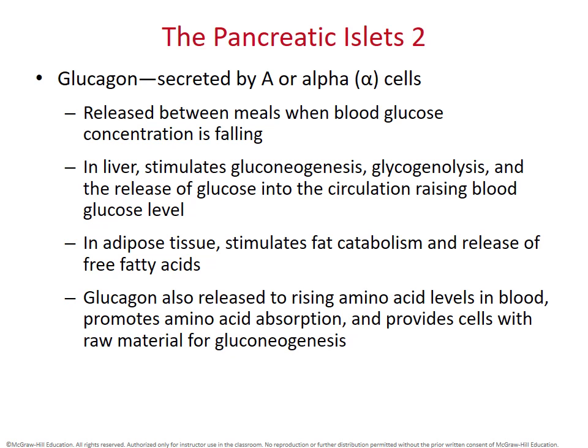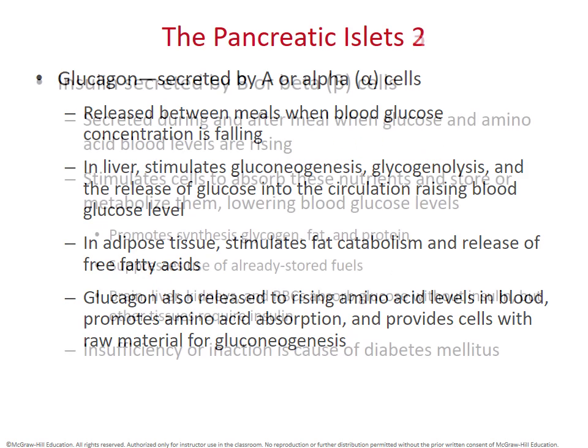And so again, it tends to cause cells to break down stored energy molecules, fat, and glycogen, and release those byproducts as energy molecules available to the cells. So release of glucose, release of fatty acids, and so on. And so it works very much like cortisol and the glucocorticoids in releasing fuel to the tissues.